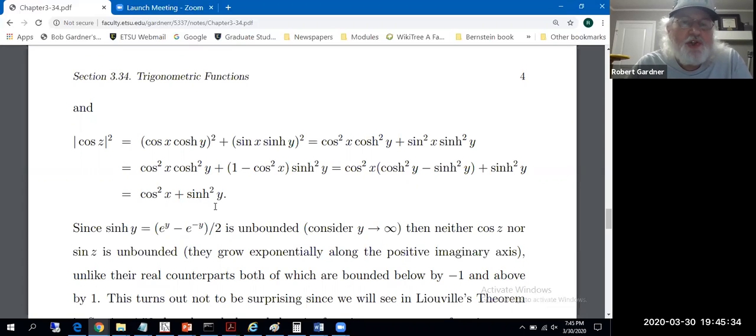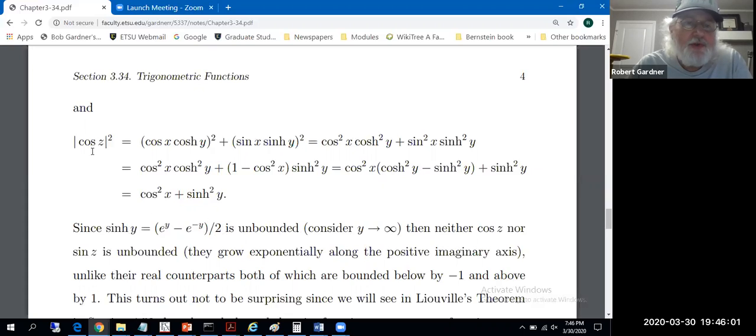But this sinh function, sinh y, recall, is defined as e to the y minus e to the negative y over 2. So a funny thing happens when y approaches infinity. As y approaches infinity, this exponential function gets huge. This exponential function goes to 0. So that sinh function grows as an exponential function.